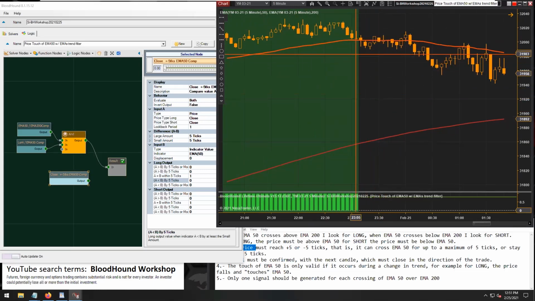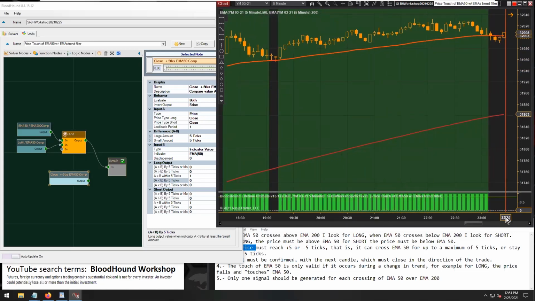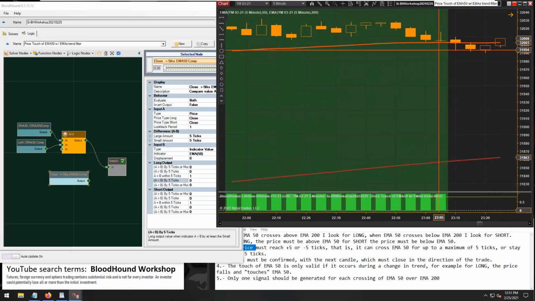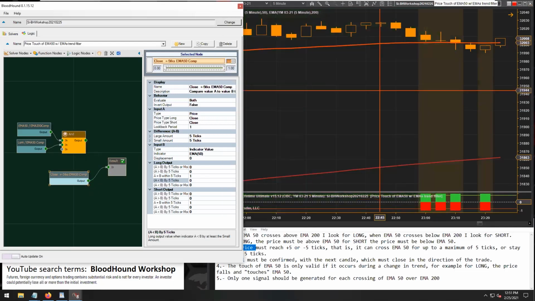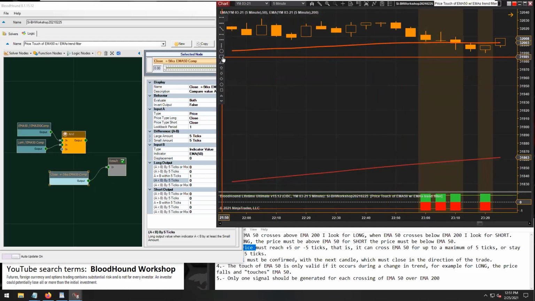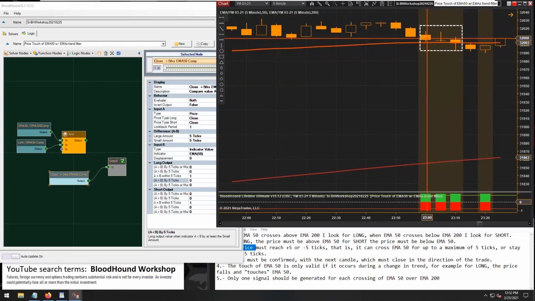And now, sometimes if we look at this, we can see that the close of the bar will be within our 5 tick range. I think it will. Let's take a look. Does it? Yeah. All right, cool. So here we go. The closing price of these bars are within 5 ticks of our moving average.